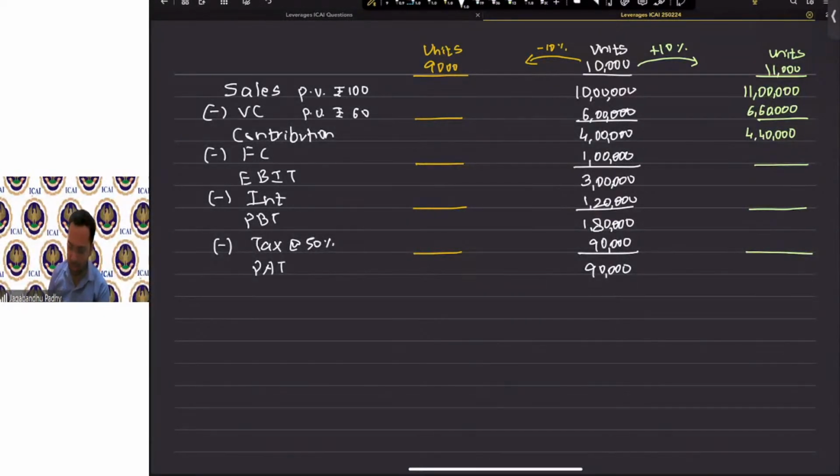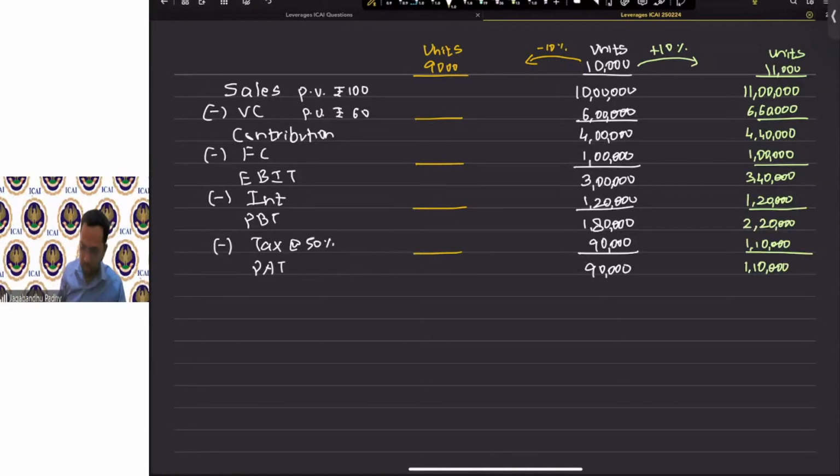Is the fixed cost going to increase with the increase in units? Of course not. Fixed cost is going to remain the same. EBIT will become 3 lakh 40,000. Interest will be 1 lakh 20,000. PBT will be 2 lakh 20,000. Tax is 1 lakh 10,000 and PAT is 1 lakh 10,000.